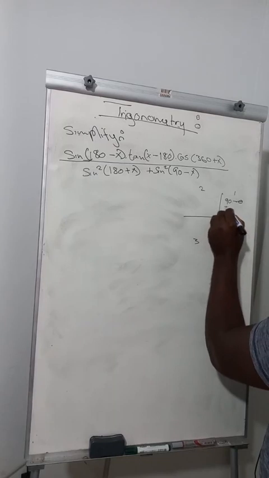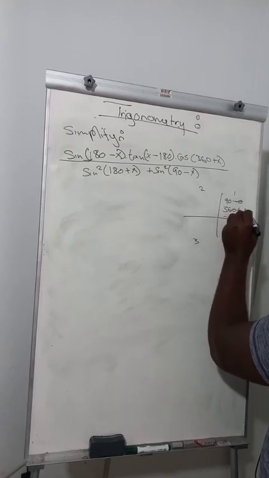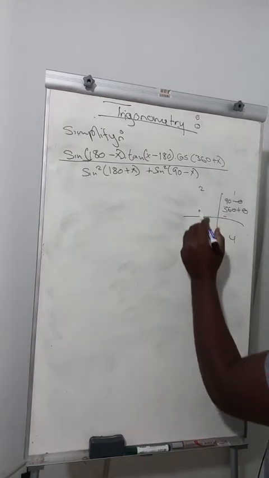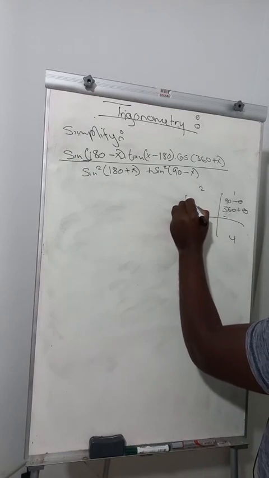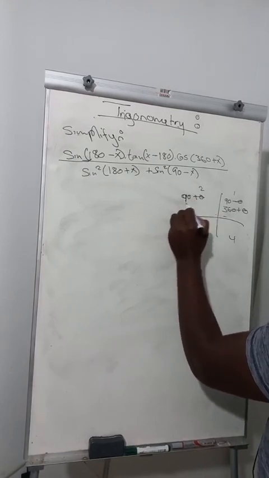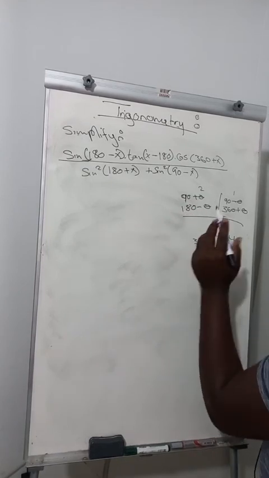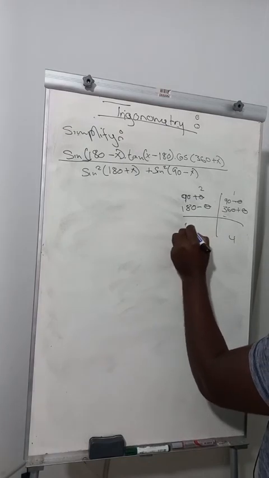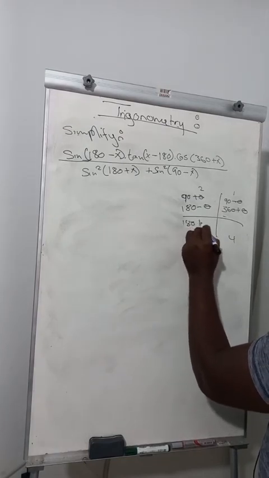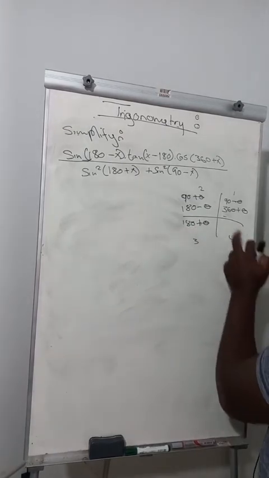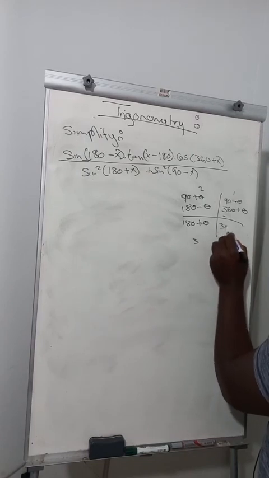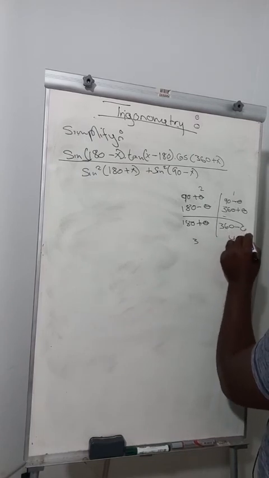In the second quadrant you're having 90 plus theta and also 180 minus theta. On the third one, you are having 180 plus theta. On the fourth one, you are having 360 minus theta.